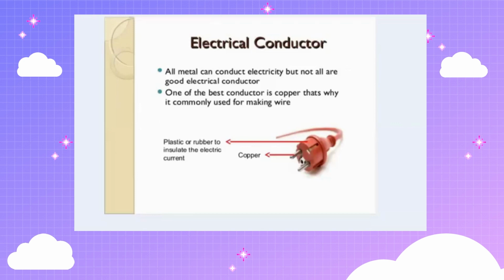Electric conductors. Electric conductors are like copper. Copper is a really good conductor. Insulators are those which do not let electric current pass through, like plastic or rubber.